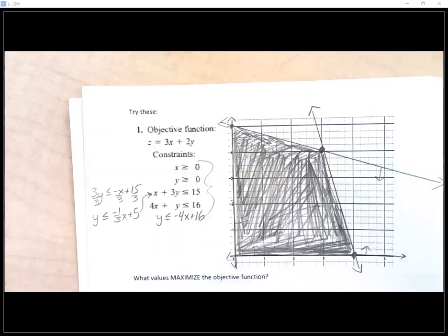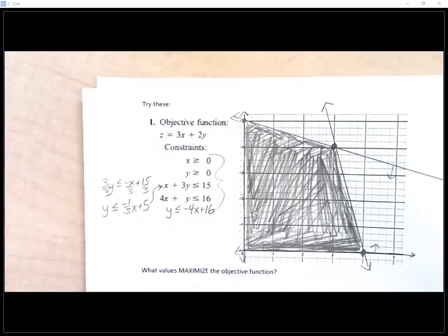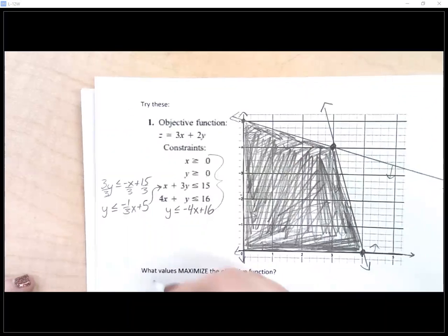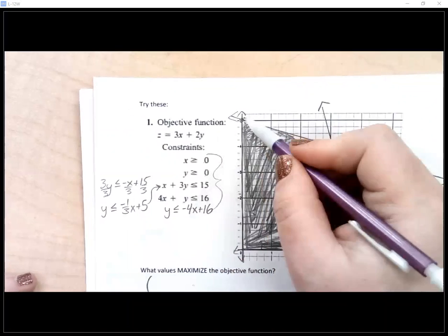All right, so everybody has their feasible region. So far, so good. All I need to do now is pull out my vertices, my corners, right? So I'm going to list all my ordered pairs. I have this one here that's at 0, 5.